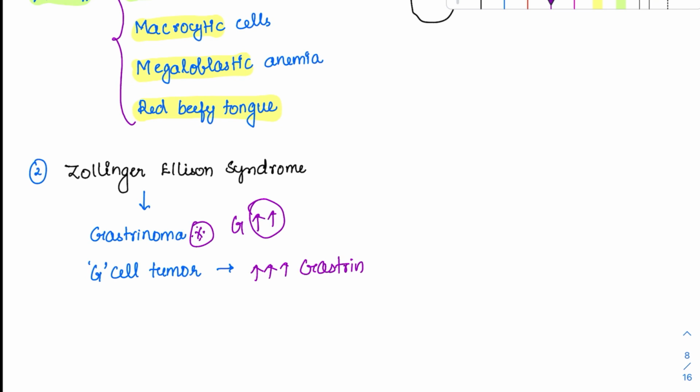The HCl level will increase because gastrin is stimulating the peptic ulcer. Usually, this HCl will go and inhibit the gastrin. But can it happen here? It cannot happen here because the gastrin is directly produced by the carcinoma cells. If the HCl is increased by any other reason, the gastrin levels should come down. But if it is increased due to a gastrinoma, both of them will be higher. The gastrin will be high, the HCl will also be high. That is a point to be noted.